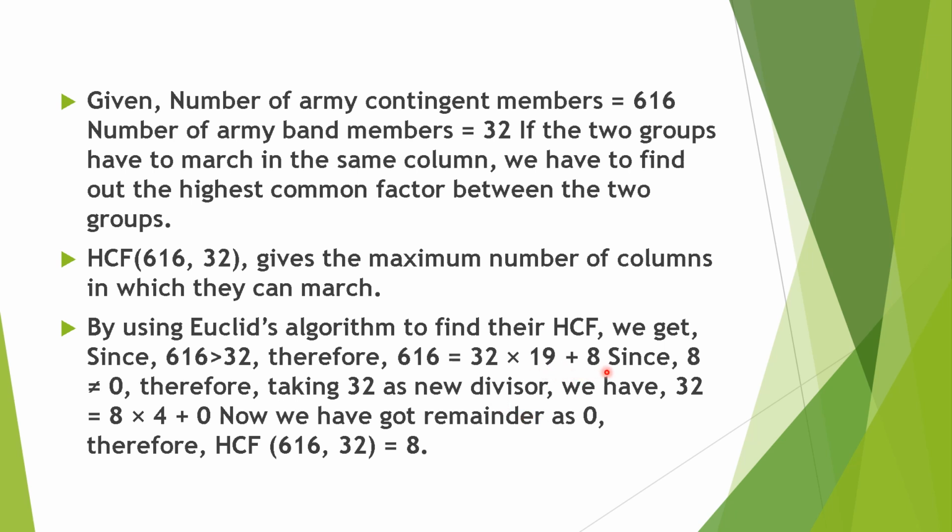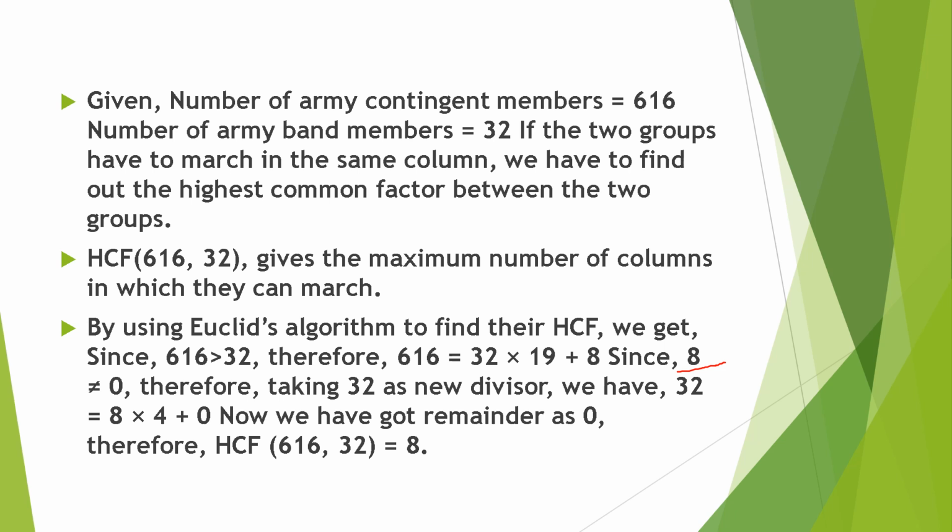32 into how many times? 19 times plus 8, we are getting 616. The remainder should be equal to 0. Here the remainder is not equal to 0. So again we are going to consider Euclid's division algorithm.